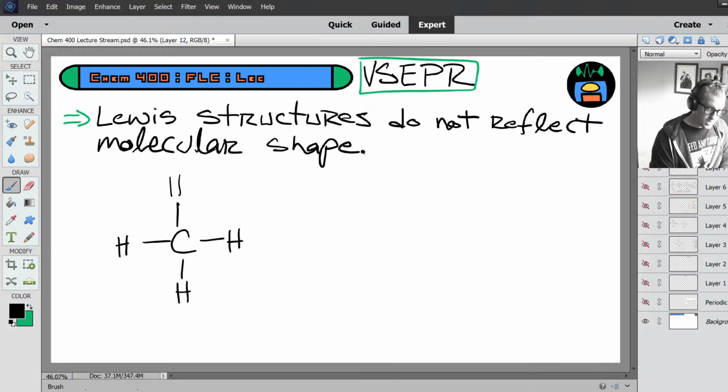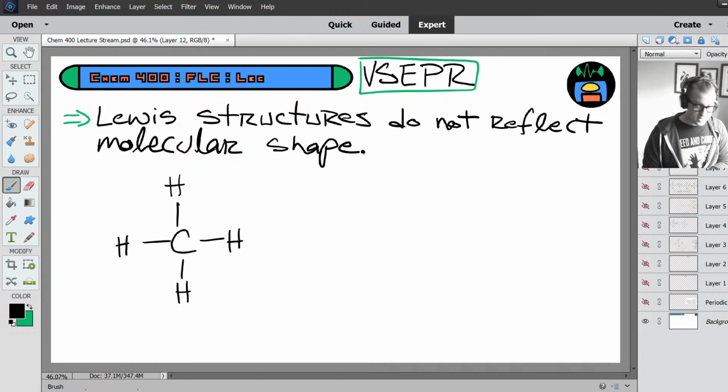All right? And the fundamental problem with a Lewis structure is that we're drawing a depiction of a three-dimensional molecule in a two-dimensional plane, right? We're drawing it on a piece of paper, which only has two dimensions, but a molecule lives and breathes, if you will, in a three-dimensional space, just like we do.